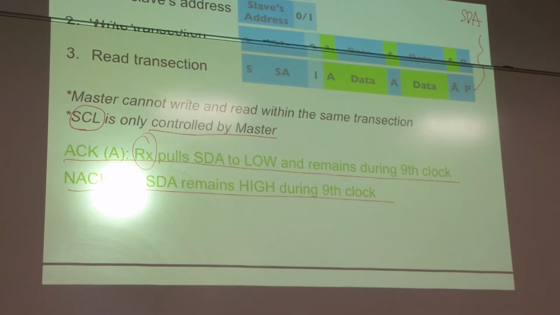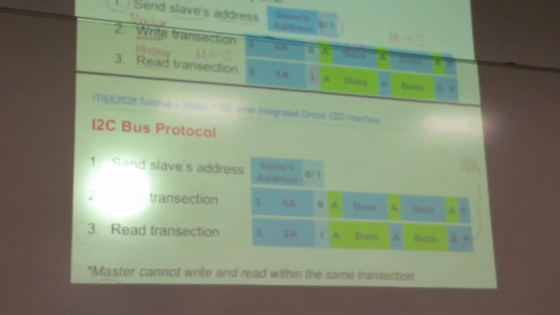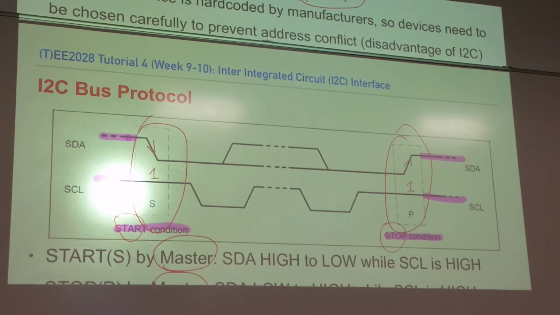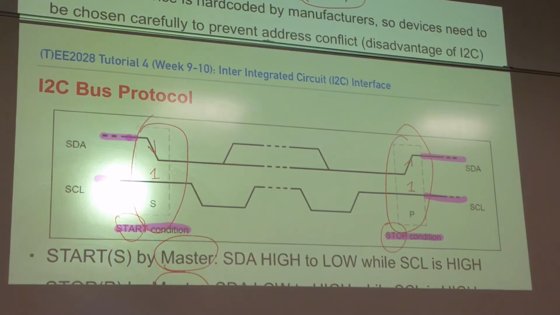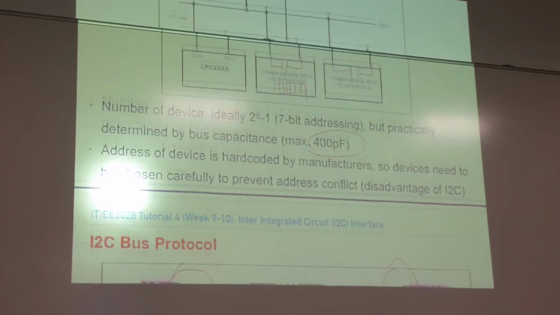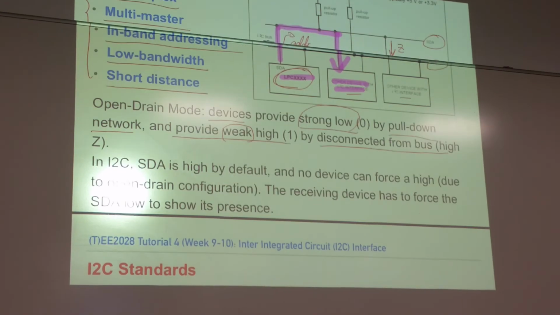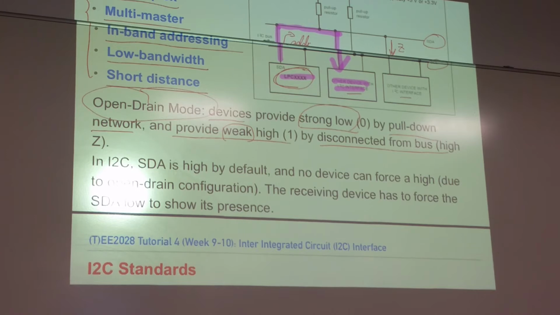It doesn't matter whether it's master or slave. Master can be a receiver, slave can also be a receiver. So here it summarizes a lot of things. What is start? What is stop? Please review this, and what's the meaning of open-drain.